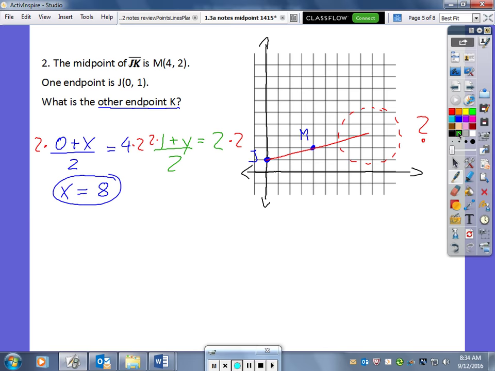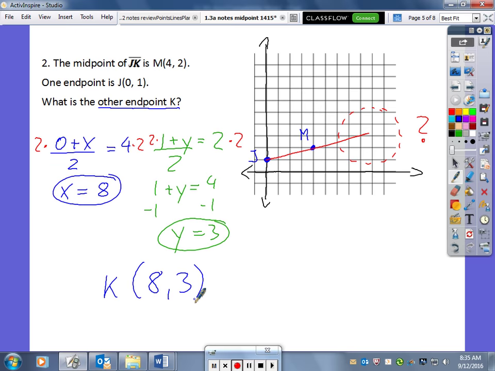Multiply both sides by 2. And we will get 1 plus y is equal to 4. Subtract 1, y is equal to 3. So our endpoint K has the coordinates 8 and 3.